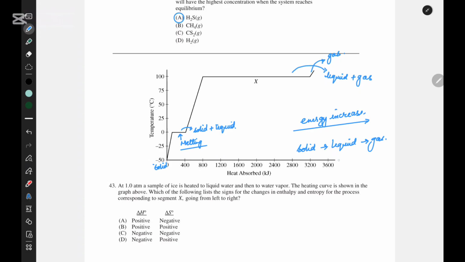When you are absorbing energy, the enthalpy change is positive, and that is endothermic. And as you move from solid to liquid to gas, entropy increases, because disorder increases and gas particles are more dispersed. When entropy increases, delta S is greater than 0. So the right answer is going to be B.